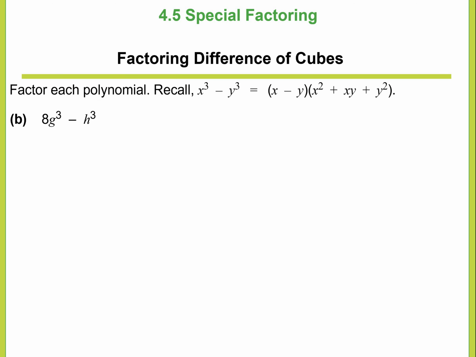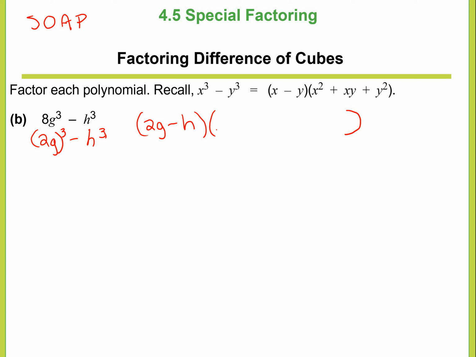Okay, so here's one. I would try this myself, so pause it here and then press play once you've attempted it. So this is 2g all cubed minus h cubed. So again, we're going to use SOAP. We do have the formula here, but I like SOAP. So we have 2g minus h, so that's the same.